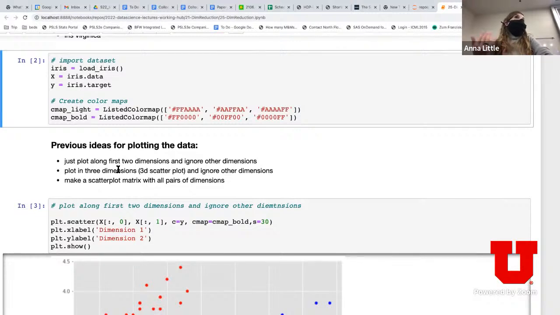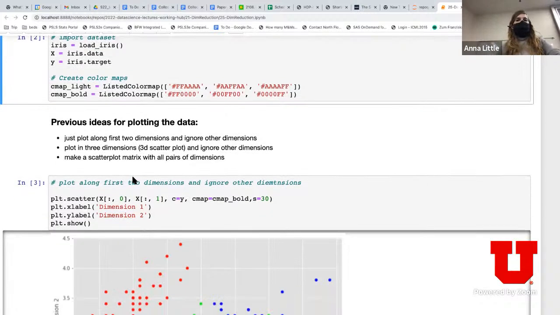You could try to plot 3 dimensions, but still that's not very many if you have a high dimensional data set. You can also do the pairwise plot, which you've seen a few times in lectures, where you take each pair of features and do a little scatter plot, so you get this big matrix of scatter plots. That is useful, especially if you only have 4 features, but you can't really do that for thousands and thousands of features.